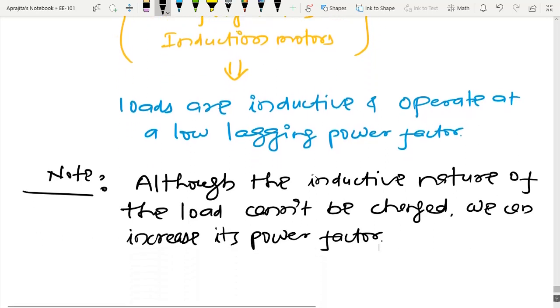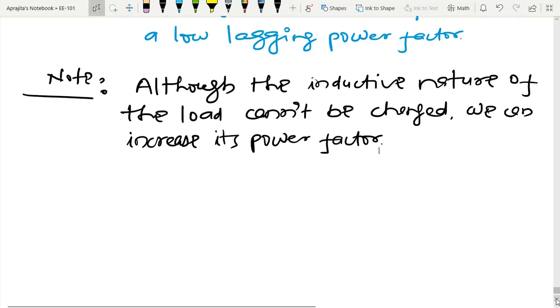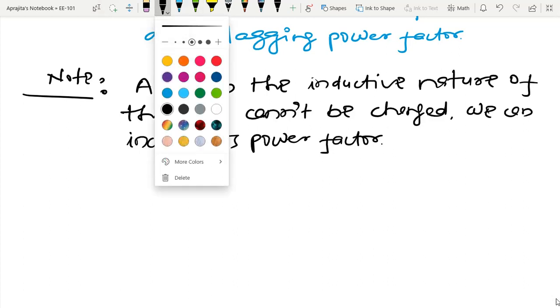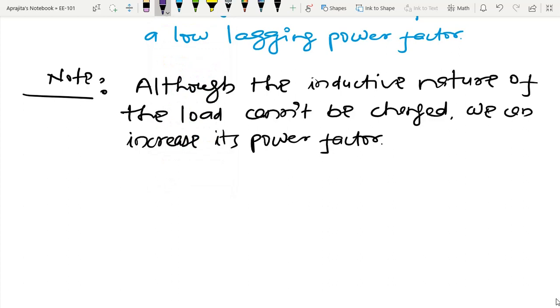Let us try to see the same kind of things using some practical circuit. So let us try to draw one circuit which contains the inductive load.